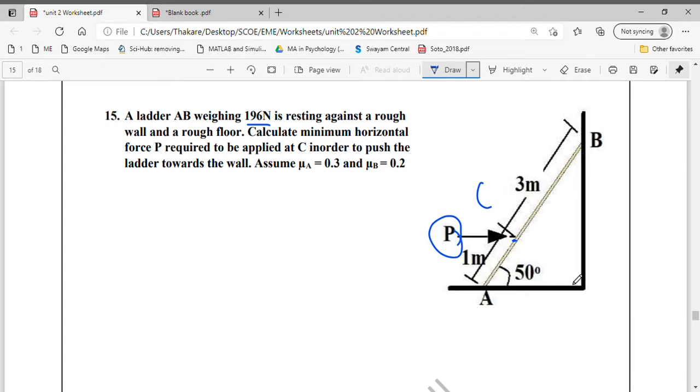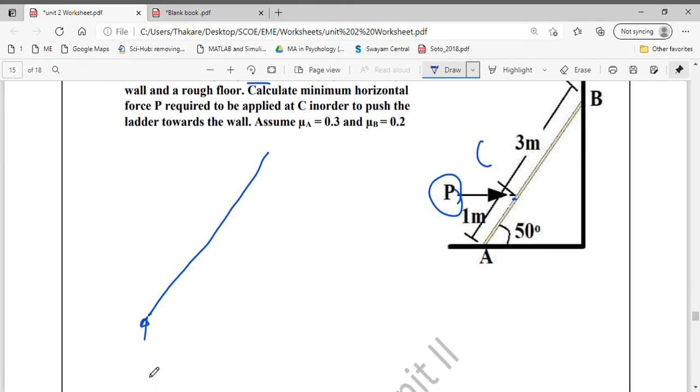On this, you have to determine this unknown force P, which is required to push the ladder towards the wall. Okay, so first we will draw the free body diagram of this ladder. This is your ladder AB. At this point A, you will have one vertical reaction at A, and this will be your reaction developed at B, right?